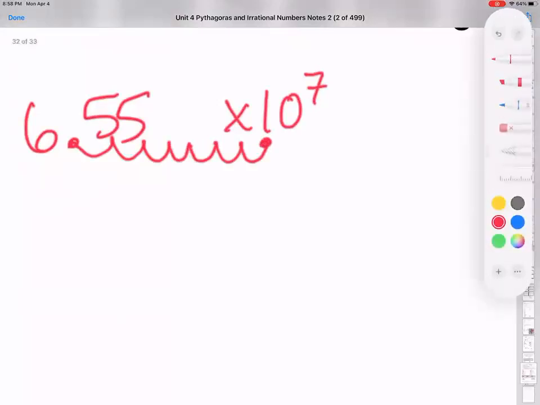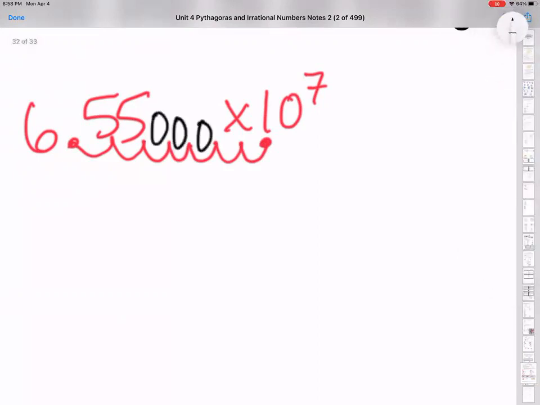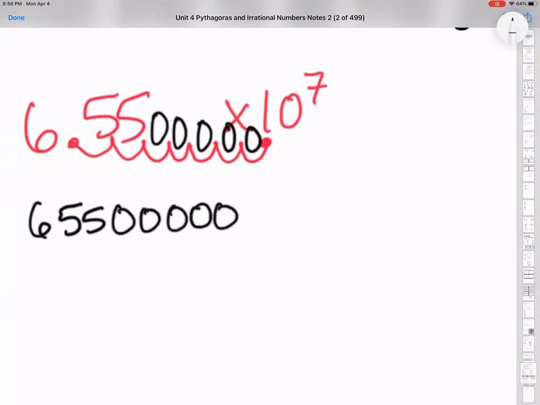This is really more of that part 1 approach that we saw yesterday. Then we throw in our zeros, and you end up with 6, 5, 5, and a total of 5 zeros following it. So 65,500,000 years ago.